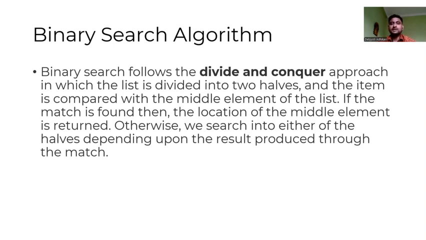Binary search follows divide and conquer. It works on the divide and conquer mechanism, in which the list is divided into two halves and the item is compared with the middle element of the list. If the match is found, then the location of this middle element is returned. Otherwise, we search into either of the halves depending upon the result produced through the match.